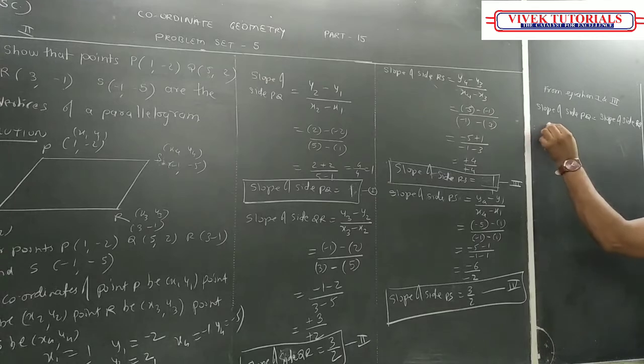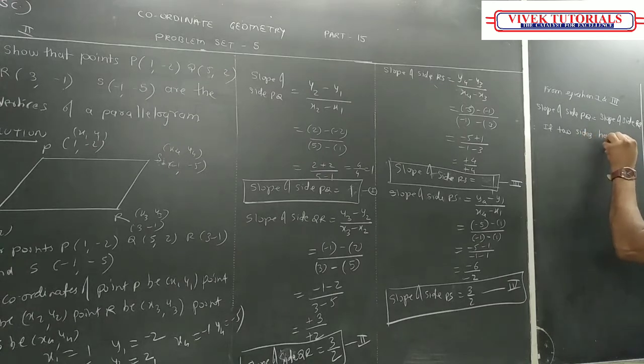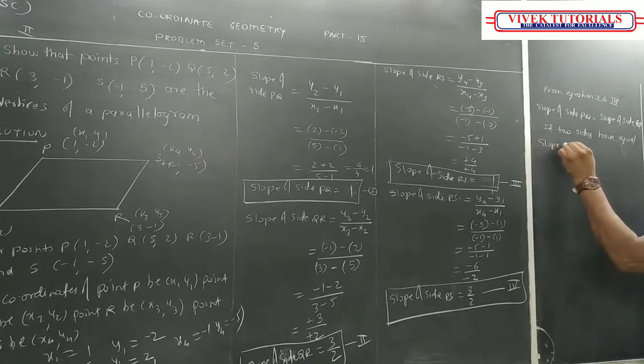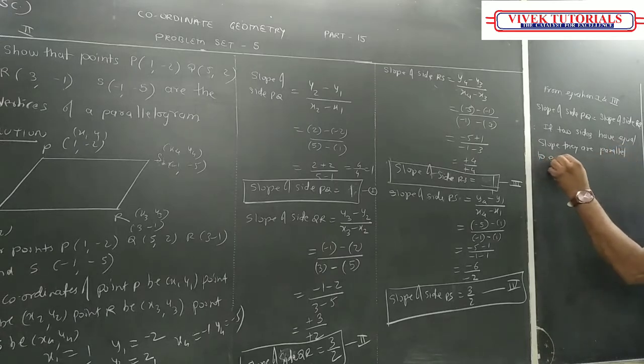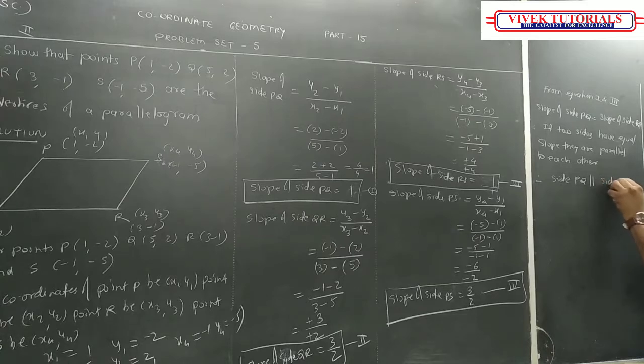Therefore, if two sides have equal slope, they are parallel to each other. Therefore, side PQ is parallel to side RS. You take it as equation 5.